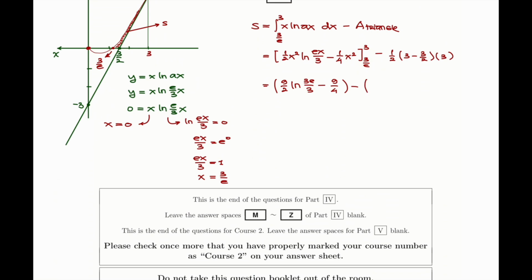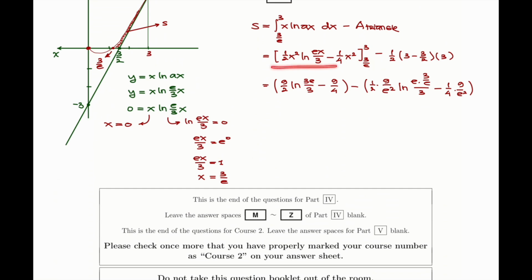We will get 1 over 2 times (3 over e) squared, which is 9 over e squared, ln(ex), x is 3 over e, so e times 3 over e over 3, minus 1 over 4 times 9 over e squared.